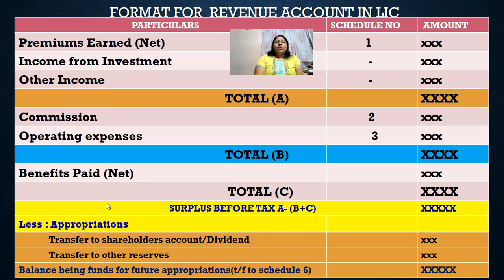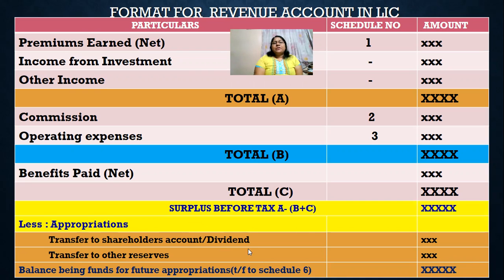And we need to look into the problem for any appropriations. Sometimes the problem may have information about the dividend paid to the shareholders. That dividend paid to the shareholders is one of the appropriations we need to consider over here, or any other item given specifically in the problem; we'll consider these as appropriations from the current year surplus.